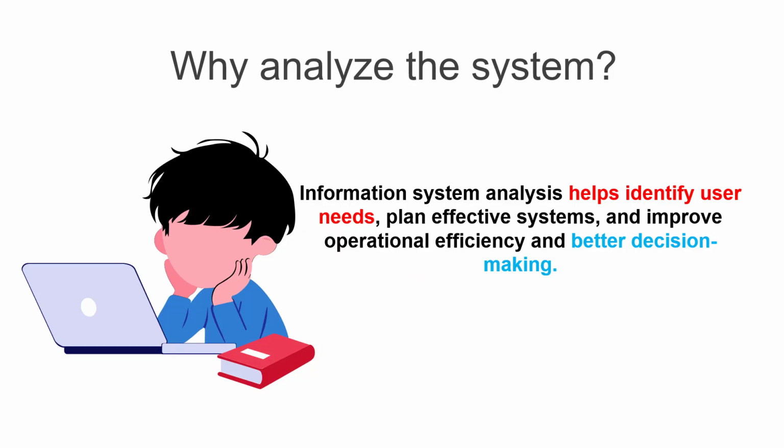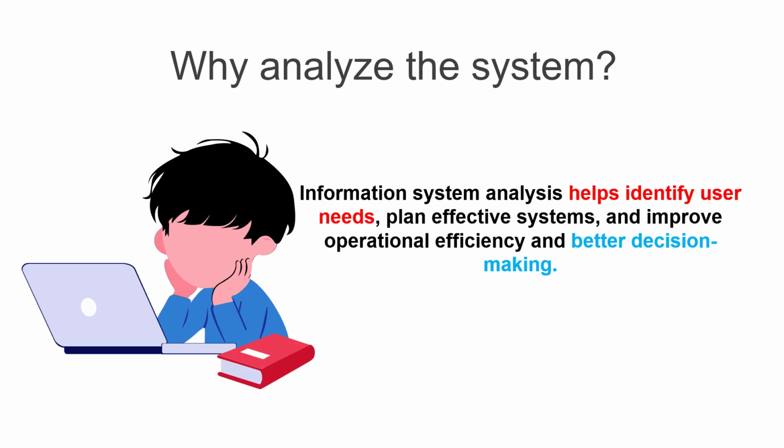Okay, why analyze the system? The information system analysis helps identify user needs, plan an effective system, improve operational efficiency, and support better decision making. Okay, for the information system analysis, we have to identify user needs. Of course, it comes from our problems.